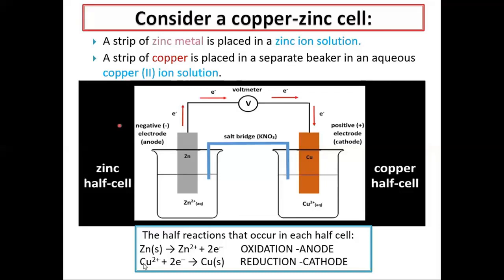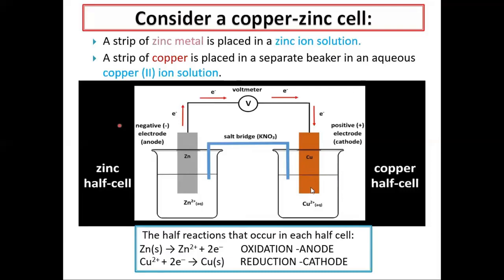What happens? The electrons from the zinc combine with the copper ions to form copper solid. It means that the copper will increase in size. Why? Because it forms a solid. If it forms a solid, then the cathode is always increasing in size.